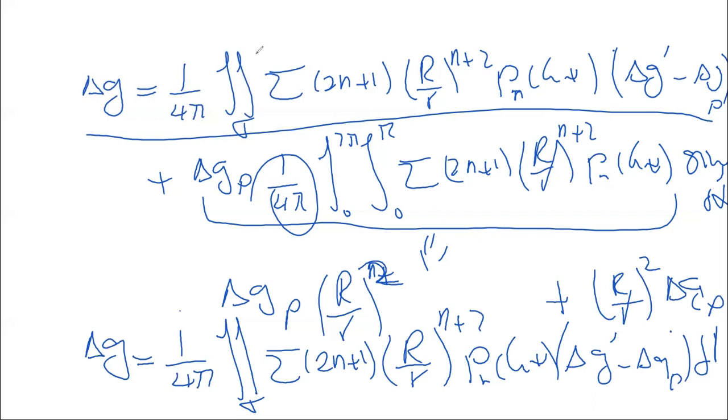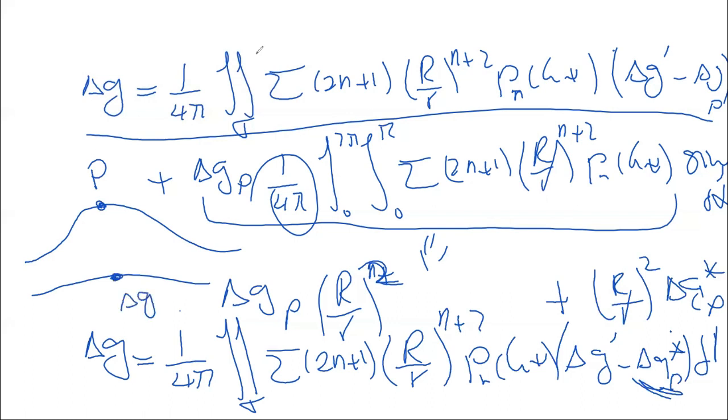So this delta gp is actually the point exactly under the computation point. So if you have the boundary and we have point P here, this delta GP here is here. Delta G star P is here. So it's not exactly at the same point.